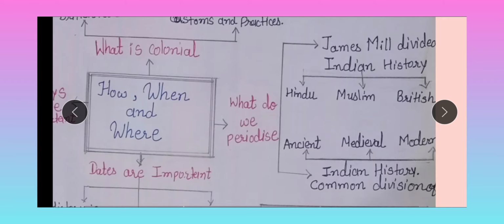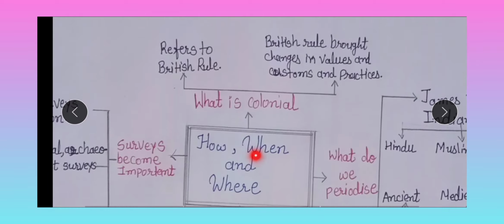After King Harshvardhana, whatever period starts is considered the medieval period, up to when the Britishers came in India. From when the Britishers came in India, that era is the modern era. So our Indian history is commonly divided in this way.